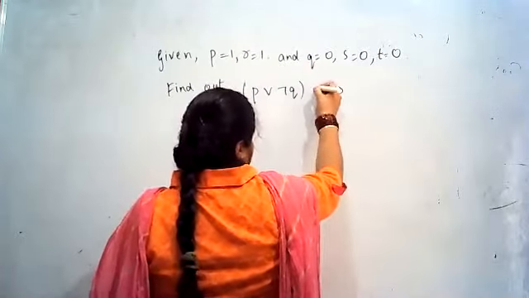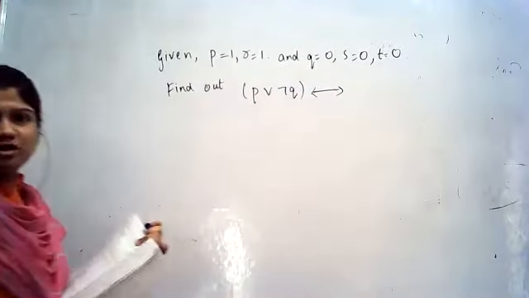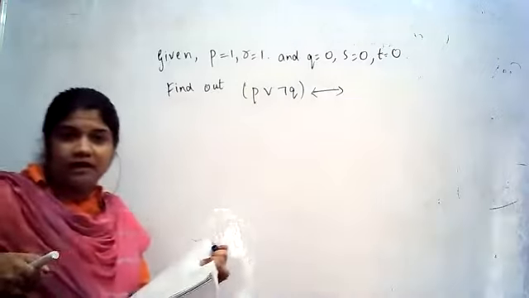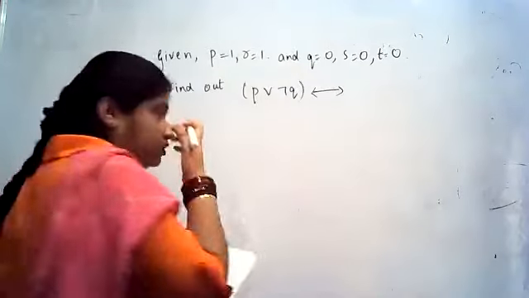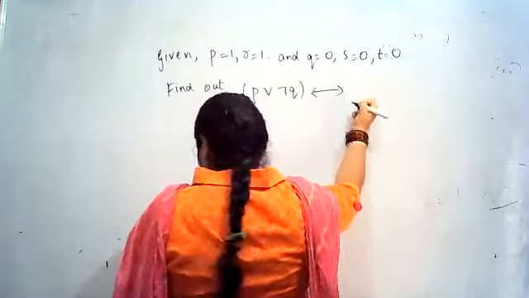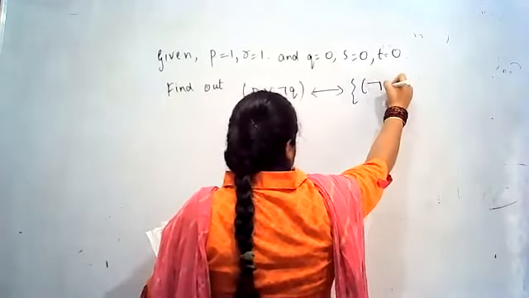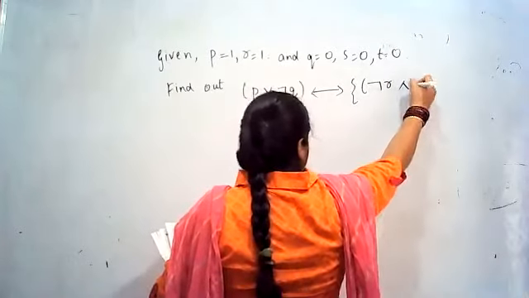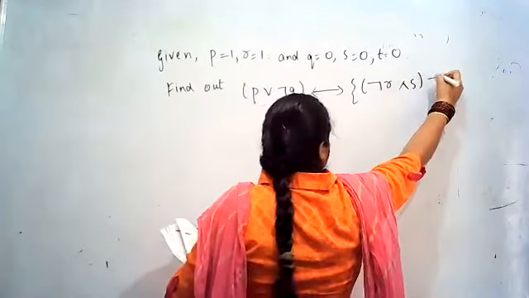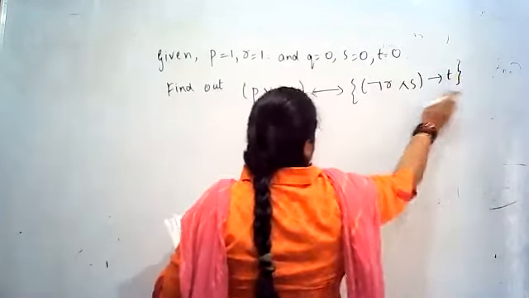See here now, there is a change. Biconditional we have not used so far, but we will use that biconditional today. Biconditional of flower bracket, then common bracket negation R conjunction S, then T. We need to find out what it is.